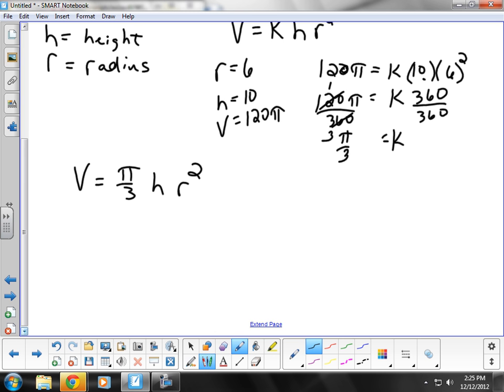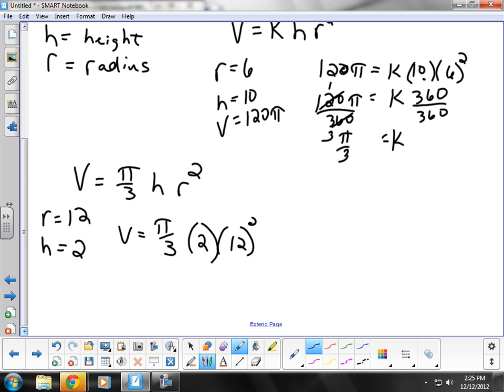All right. Now, in checkpoint 5, they do want us to find the volume of a cone having a radius of 12 and a height of 2. So what am I going to do here? Square. Okay, so the volume is equal to pi over 3 times 2 times 12 squared.